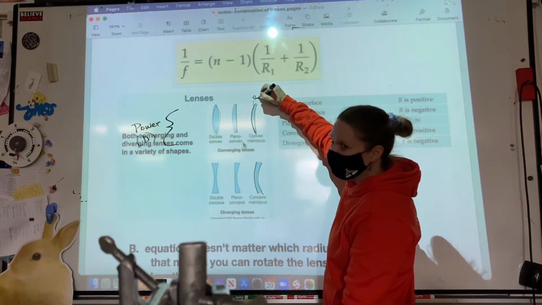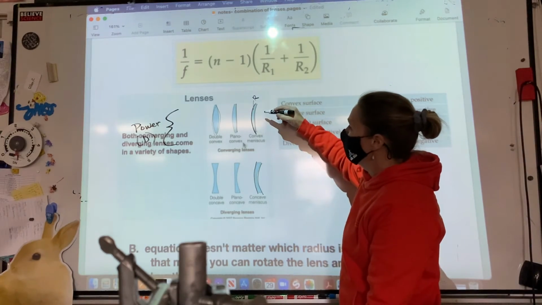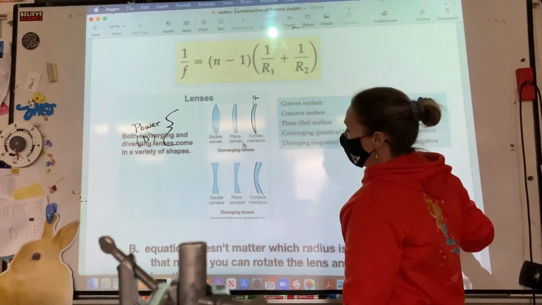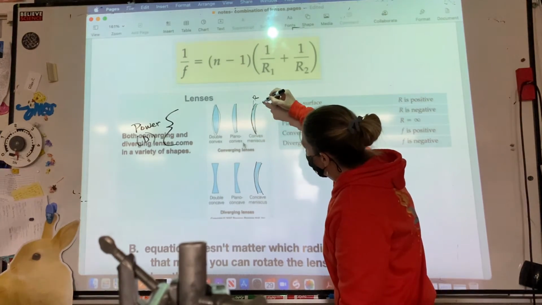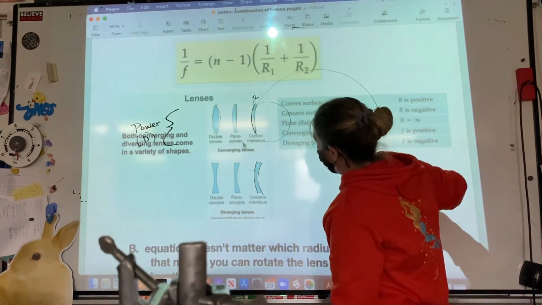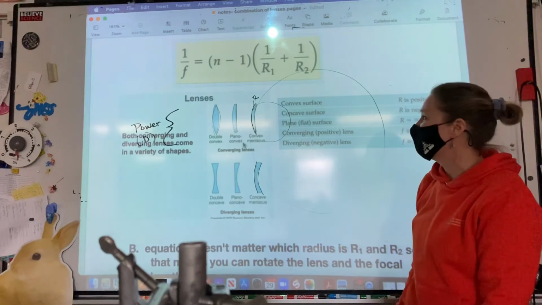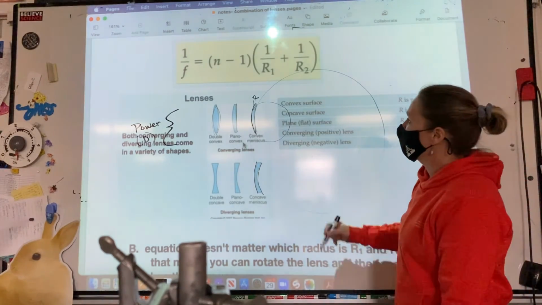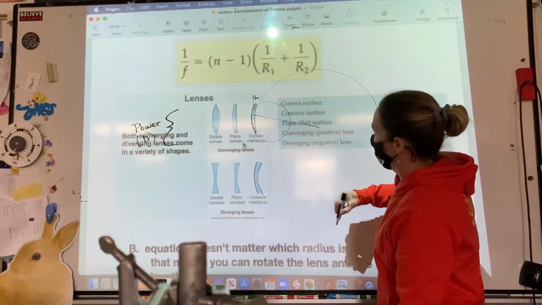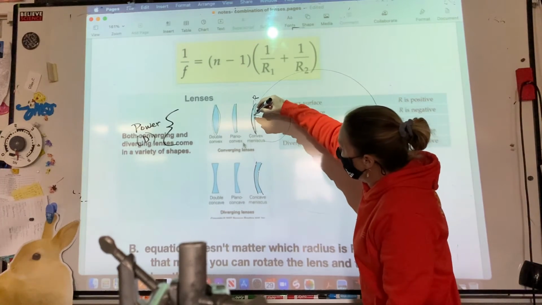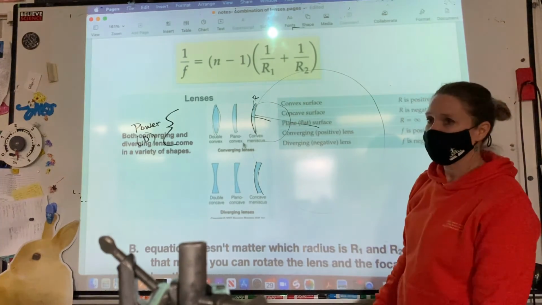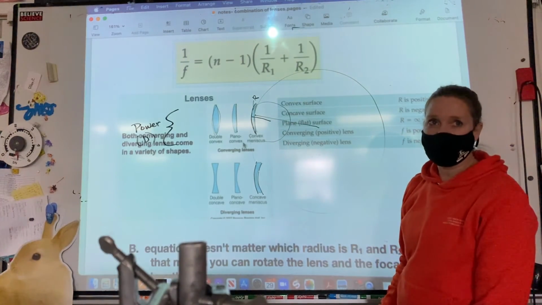Which one would be a bigger circle? Oh, the one on the inside. Okay, let me just help you with that. We're comparing the radius of curvature. Do you see what I'm saying? Yeah. That makes sense. Did you get that? Yeah.